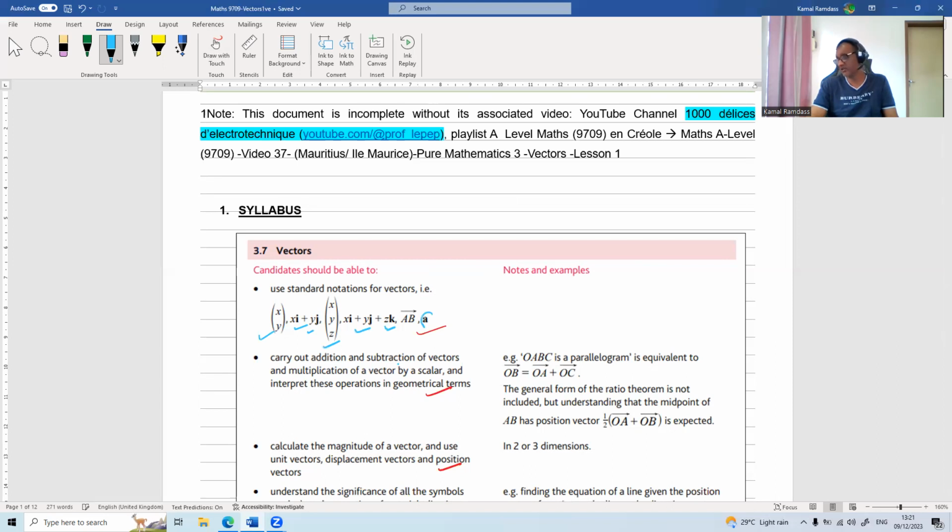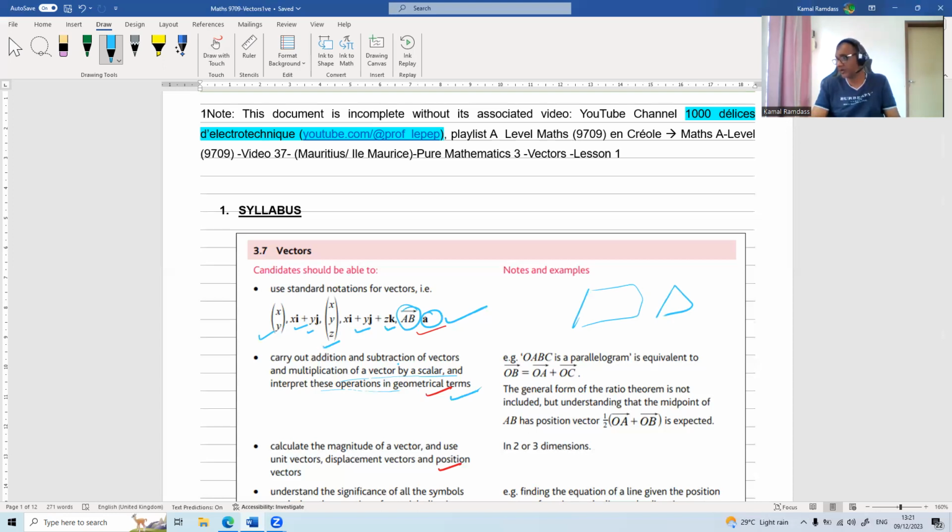Carry out addition and subtraction of vectors and multiplication of a vector by a scalar, and interpret these operations in geometrical terms. I explain the parallelogram, the triangular law of addition, the head-to-tail method; in the parallelogram, one diagonal is the addition, the other diagonal is the subtraction.